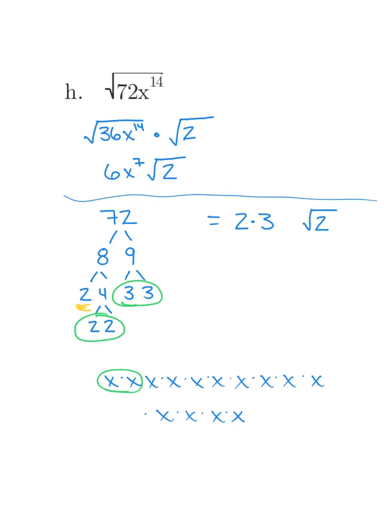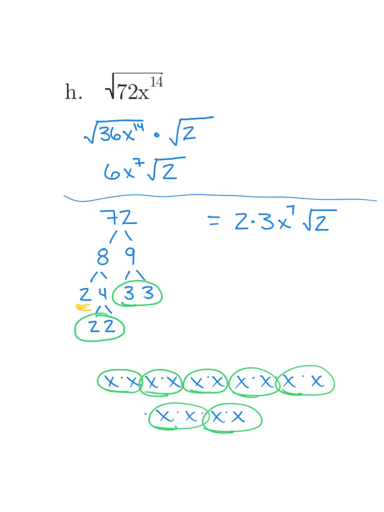We get 1, 2, 3, 4, 5, 6, 7. We have 7 pairs of x's, and so that 7 will be our new exponent on the outside. Now if I simplify this, 2 times 3 is 6, x to the 7th, square root of 2.